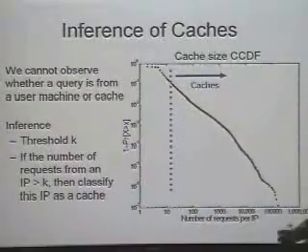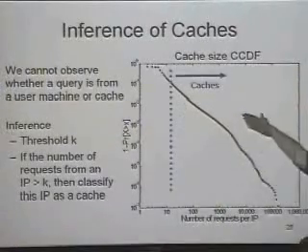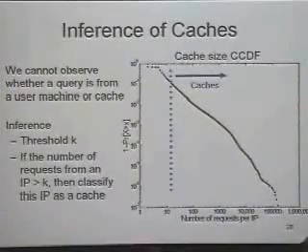From a specific IP, we may see more than one request over a short time scale. So what this does is count the number of repeated requests per IP, how many requests we see coming out from an IP. And the distribution of this has a power law, it looks like that on the log scale.